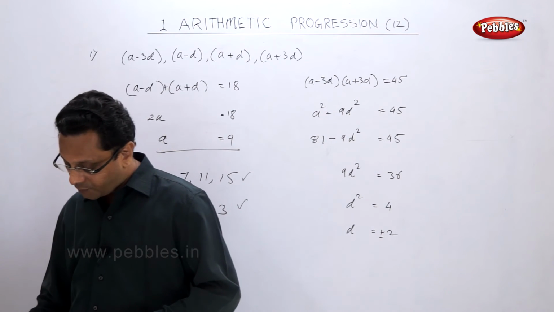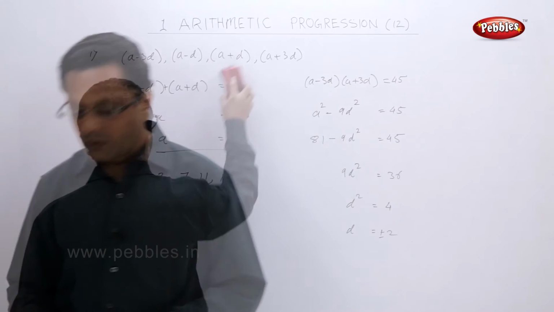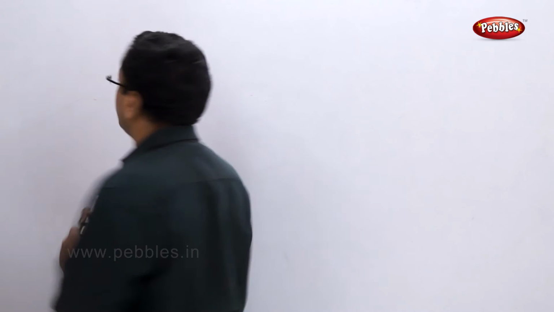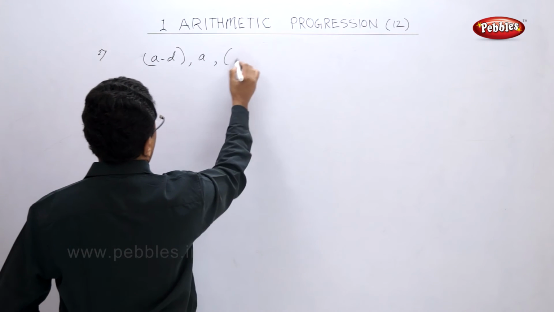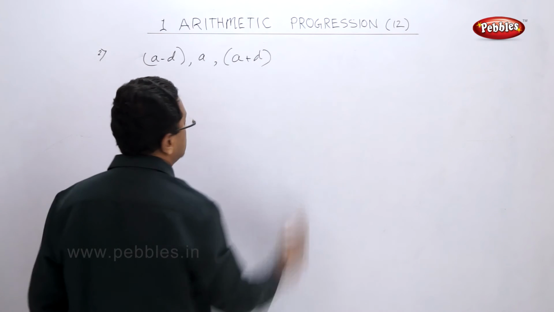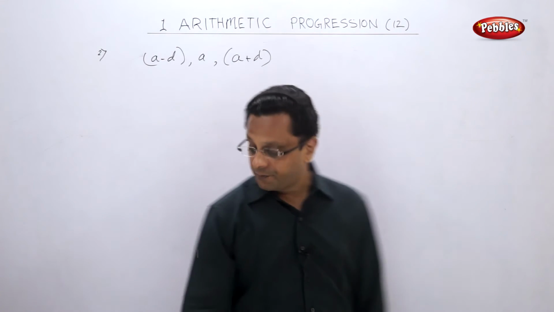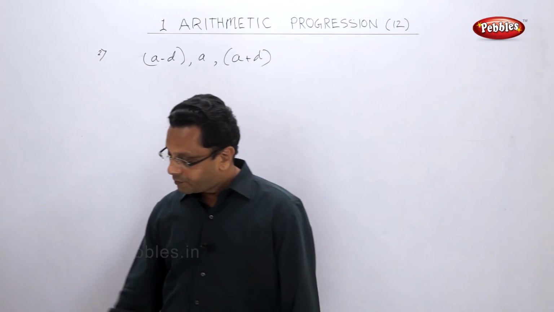So let us solve one more example. Find the three consecutive numbers in an AP whose sum is 27 and product is 504. Now they ask three consecutive numbers. So first write the three consecutive numbers: a minus d, a, and a plus d. These are the three consecutive numbers. Okay, what do they say?